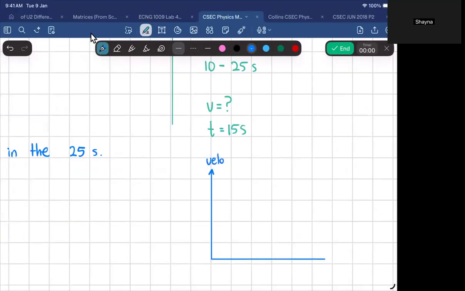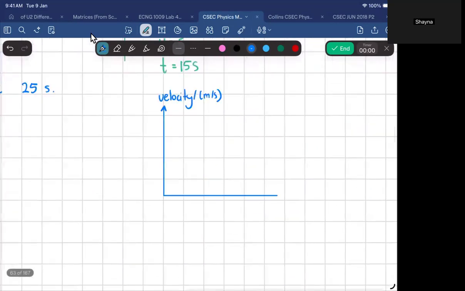this would be velocity. This would be time.